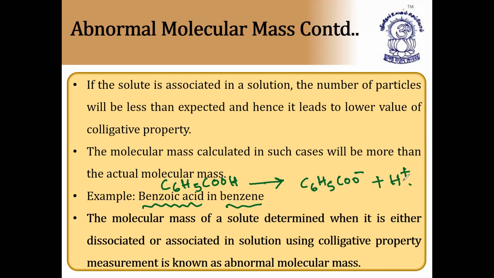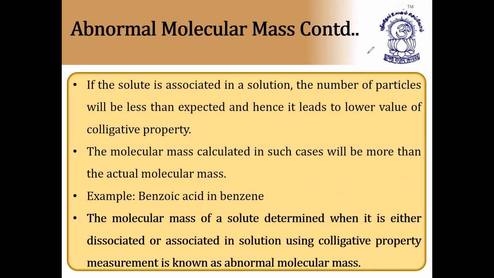The molecular mass of a solute determined when it is either dissociated or associated in solution, using colligative property measurement, is known as abnormal molecular mass. So for this we have to consider one more factor called the Van 't Hoff factor.